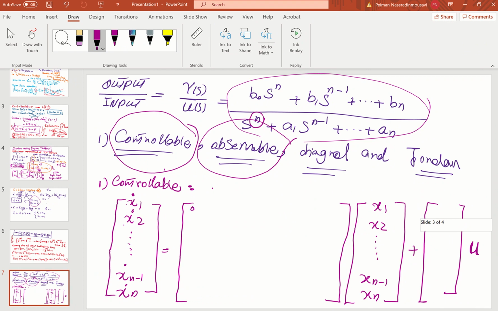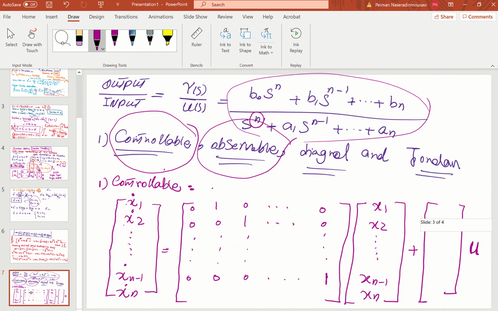How is that? It is 0, 1, 0, continues to 0. Then 0, 0, 1, 0. Second line, first line: 1, 2, 3, 1, 2, 3. This line is continuous. This 1 is moving. See? 1, 1, 1, 1, 0.